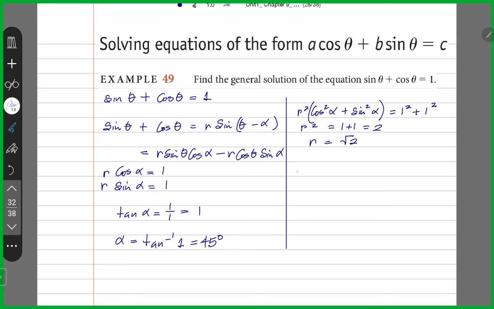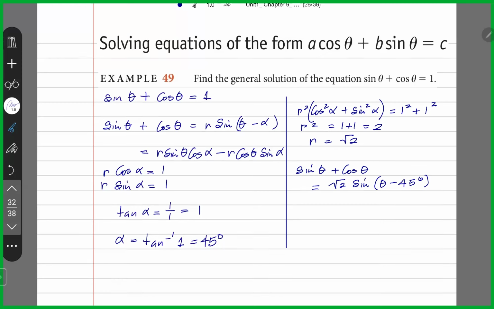So therefore, sin theta plus cos theta can be written as root 2 sin(theta minus 45 degrees).